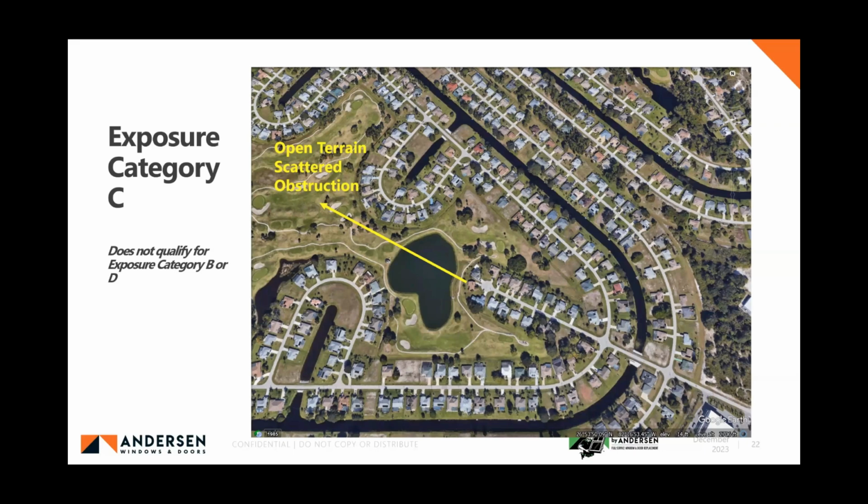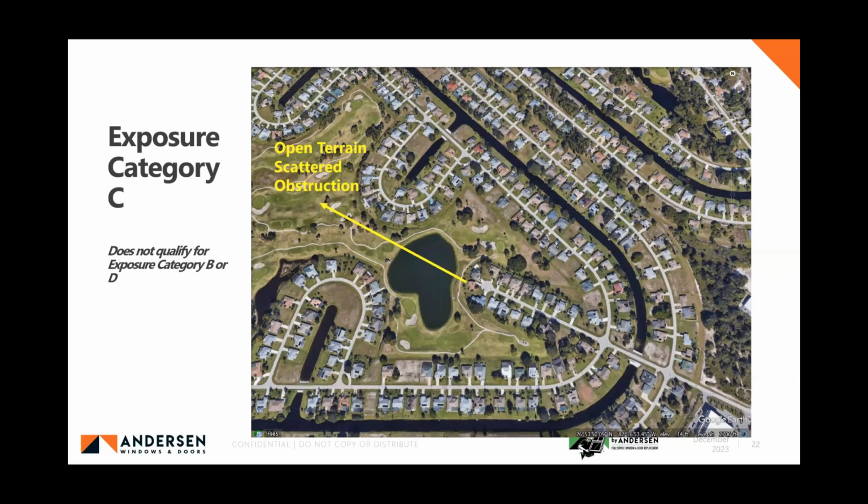Okay, so for this example, this building that we're looking at here is where the yellow arrow starts. We're not near a large body of water. We are near a small body of water, but if we used our measuring tool, we'd see that it's not 5,000 feet.